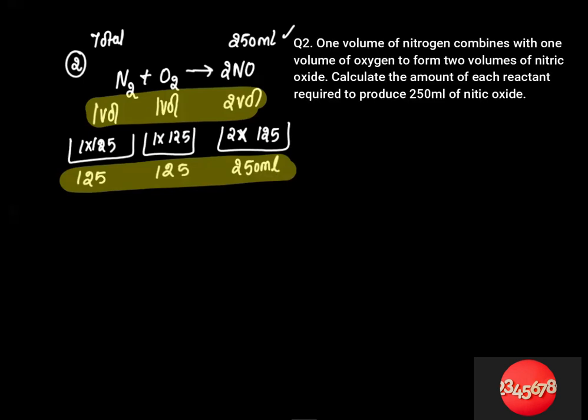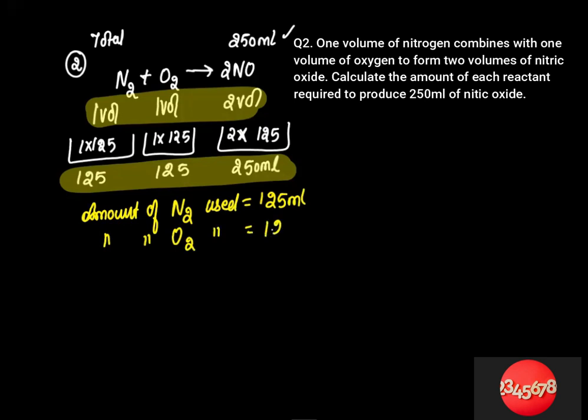So we'll write amount of N2 used is 125 ml and amount of O2 used is 125. Good? Easy.